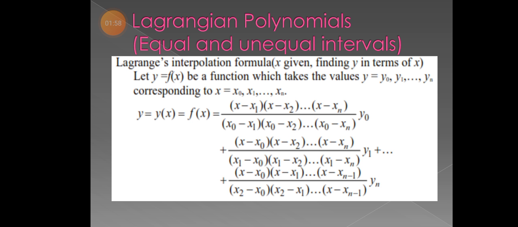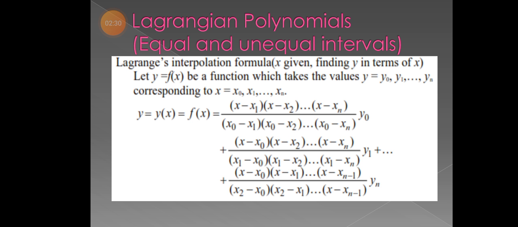The x's can be split into x0, x1, x2 up to xn, and y equal to y0, y1, y2 up to yn. Y is equal to f of x, a function. With that, we have these two ranges, x values and y values.